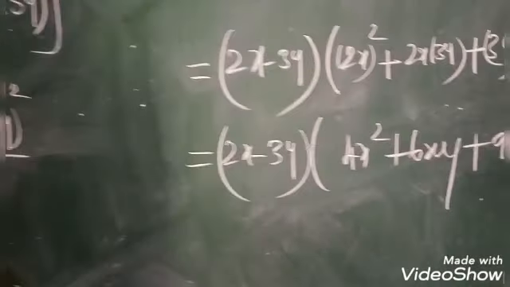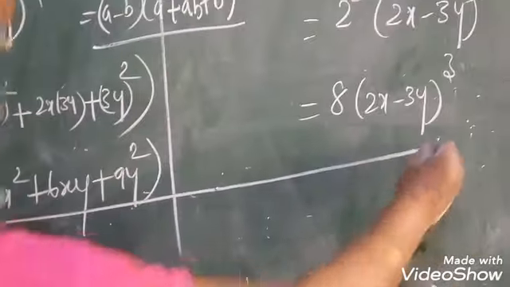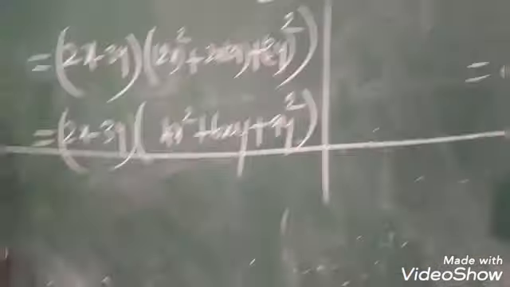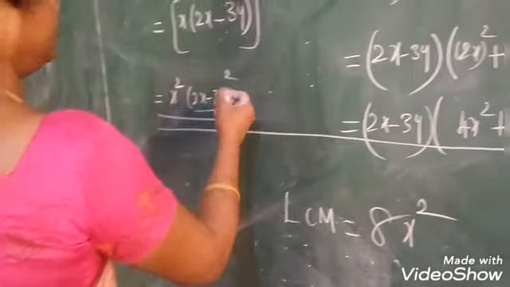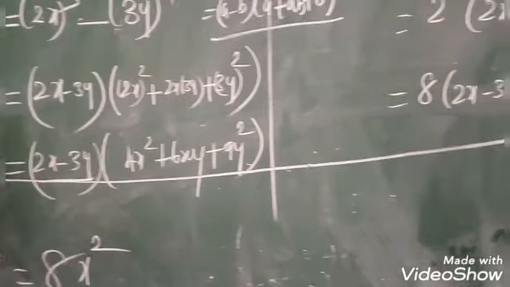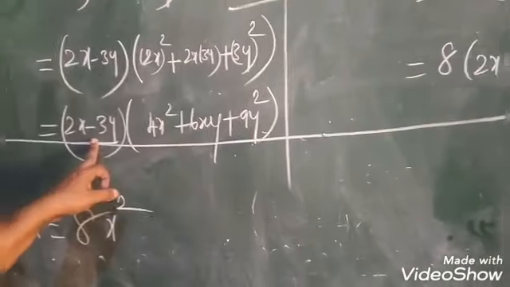Now we have to check these 3 terms. What are the common terms in the LCM? First we see the numbers. What is the number here? 8 they given. Before that, x squared term is there. Then here 2x minus 3y has power 2, 2x minus 3y has power 1, and 2x minus 3y has power 3. So what power do you want to take?